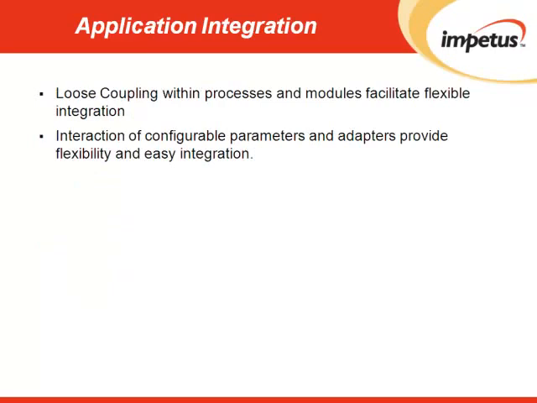Now, the design and architecture of an application plays a major role in making a SaaS product open for integrations. The loosely coupled nature of the product enables easier integration with other applications or systems. We believe that the loose coupling in the defined module is the key to flexible integration.